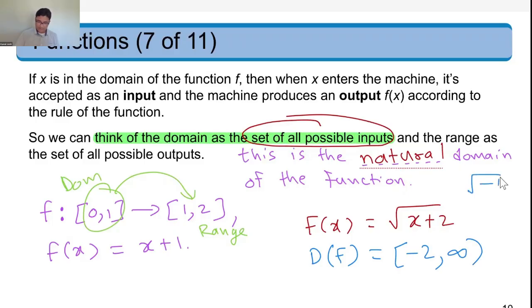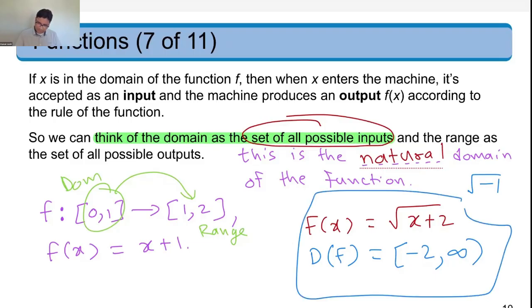And the square root of negative 1 is not a real number, right? So you want to make sure that you choose your inputs in such a way that your output is defined. It exists as a real number. Okay. So for this function, the domain would be negative 2 to infinity. So by default, if nothing is mentioned, if no restriction is given to you like this, domain means natural domain. Okay.